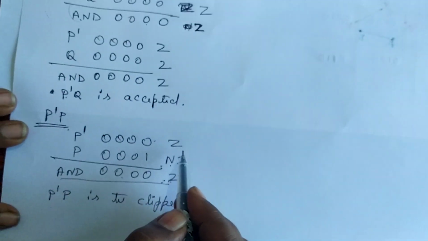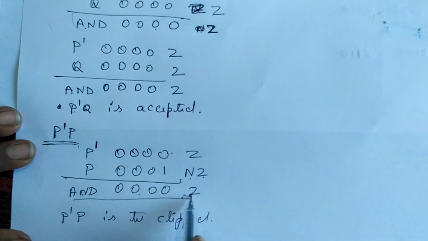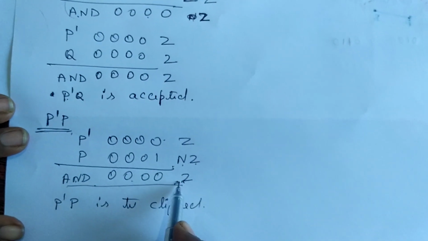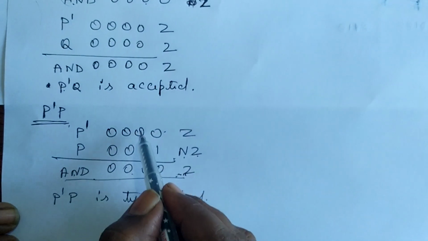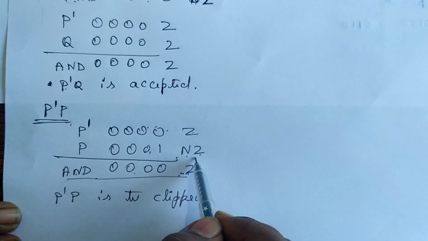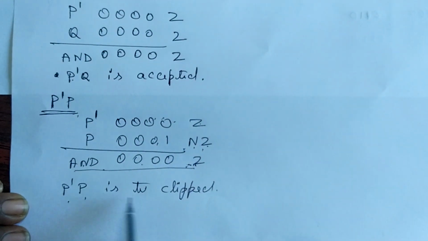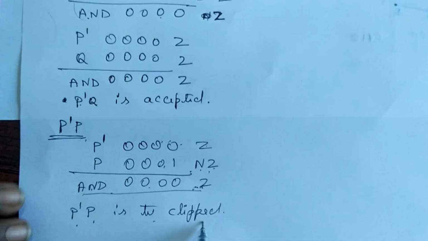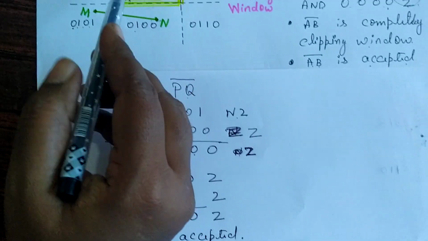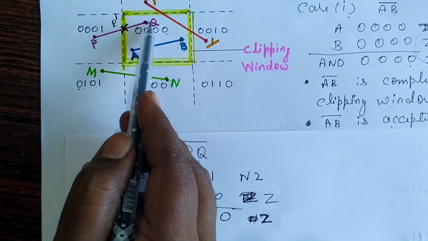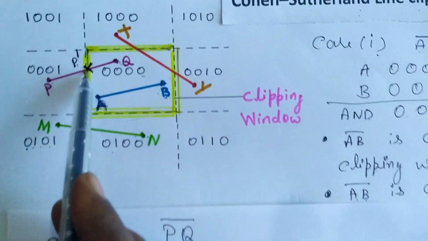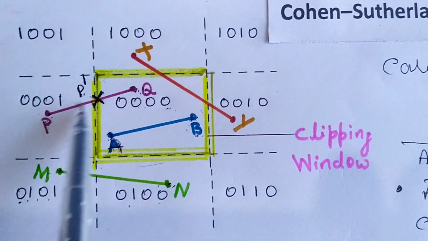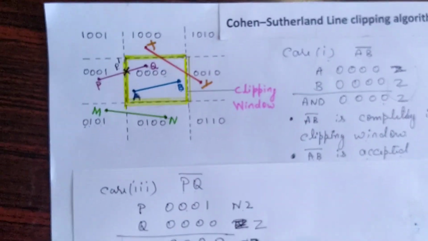Your AND operation is 0. If the AND operation is 0, then only we need to perform clipping, only when one of these two values is non-zero. So in the line PQ, P dash Q is accepted after finding the intersection, and P dash P has to be clipped. Okay, this is case 3.